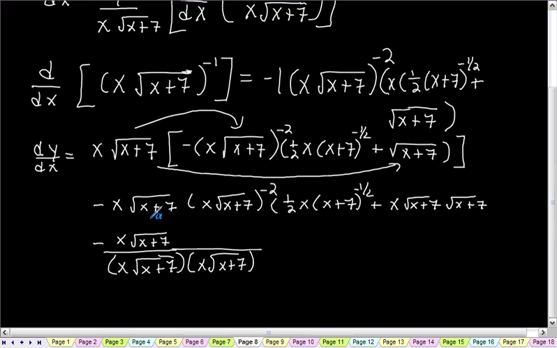And I multiply this times that, and then I multiply this one more time on the bottom. That 2 on the bottom is 1. That x goes on the top.